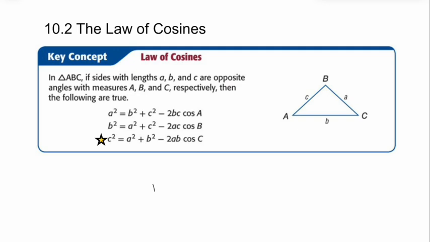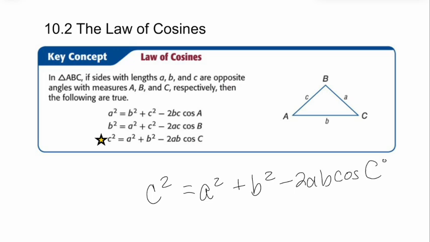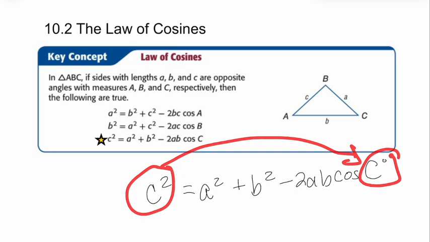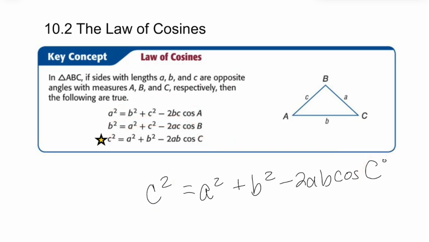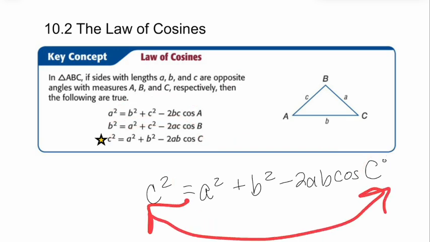So the one that most resembles, and the one that I memorize, is this one. Okay, so all of these formulas are exactly the same. This is across from that. So in all of them, A, B, C. So these two have to be across from each other.